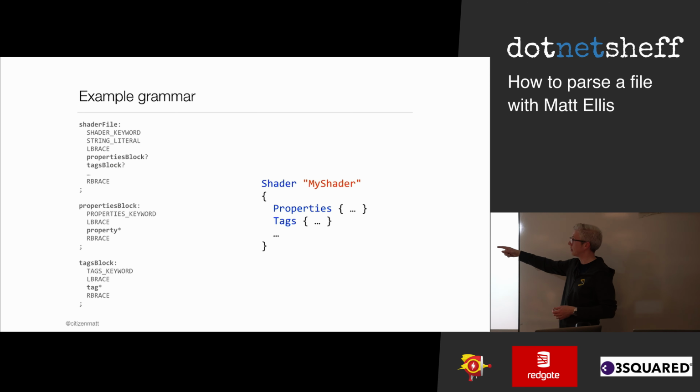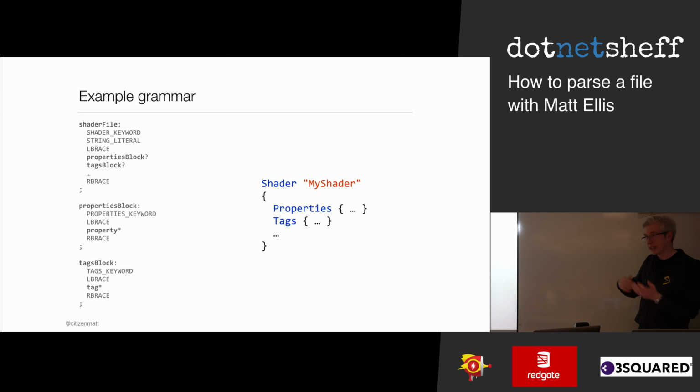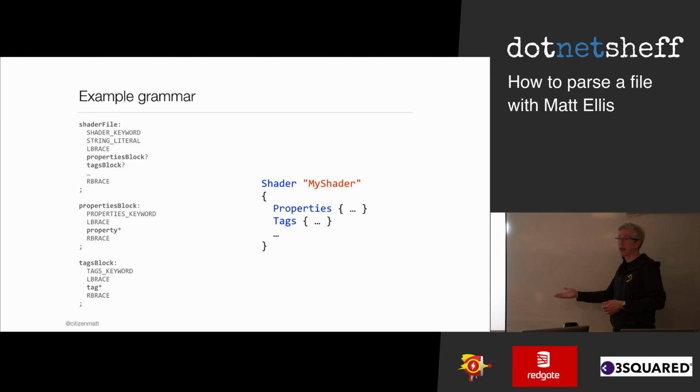And we get to define it recursively. So the properties block is then defined as a block: properties keyword, left brace, 0 or more properties, which I haven't defined on the screen here, and then a closing brace, and the same with the tags and so on. So recursively we define it in smaller and smaller chunks.